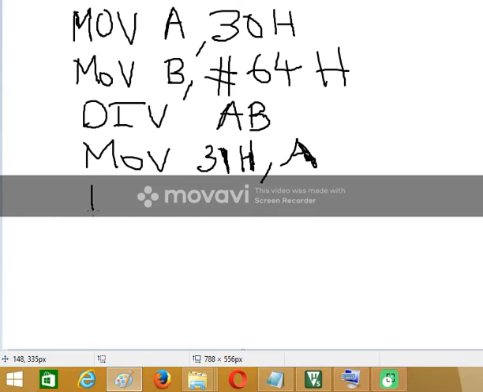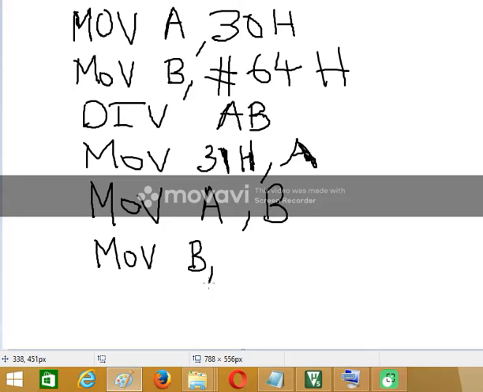So my remainder is in B. I will take it to A. Now the remainder has come to A. You have to divide by the hex equivalent of 10, that means 0AH. So for division, B should contain that constant data, that means hash 0AH.